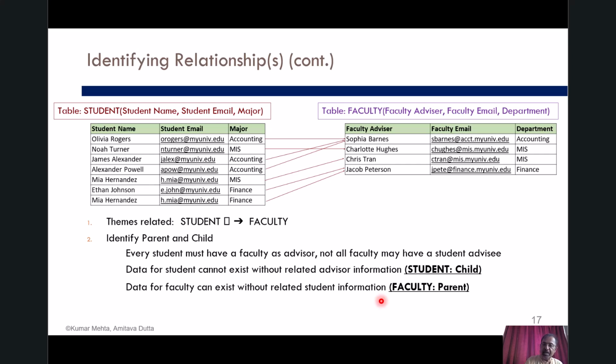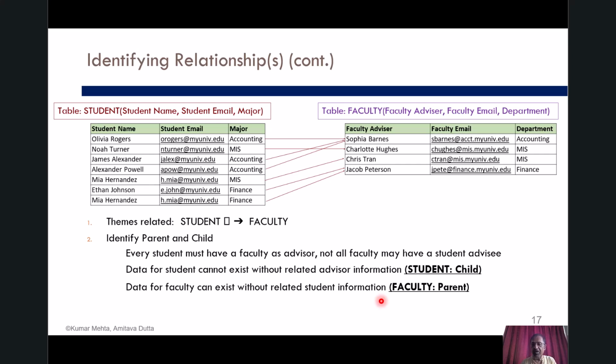And this parent-child relationship is one piece in terms of identifying the relationships among the different themes that might exist. This simple example has only two themes, so the relationship is fairly obvious. If a relationship exists, it has to be between the two themes. And the other thing to remember is that if there was no relationship between these two themes, then of course they wouldn't be part of the same database.